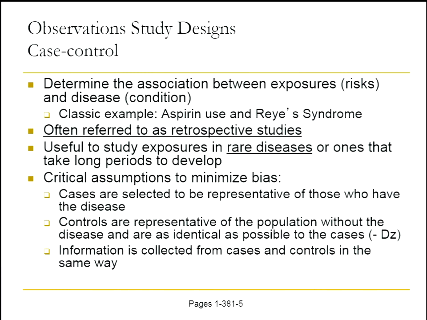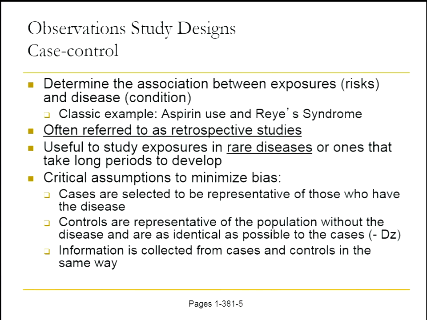These are often referred to as retrospective studies, and while they are retrospective, they're not the only type of retrospective studies. So ideally, we don't refer to them as retrospective studies, but we refer to them as case control studies. These are useful to study exposures in rare diseases or in conditions that take a long time to develop.